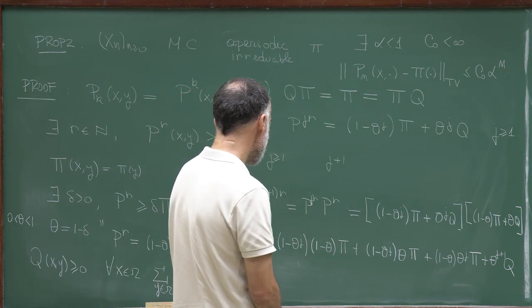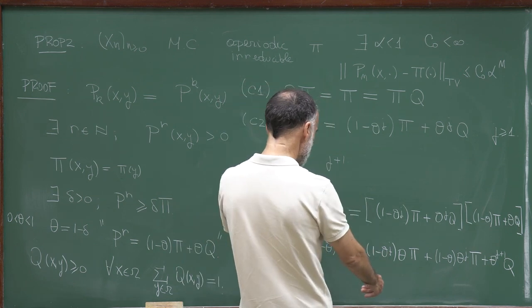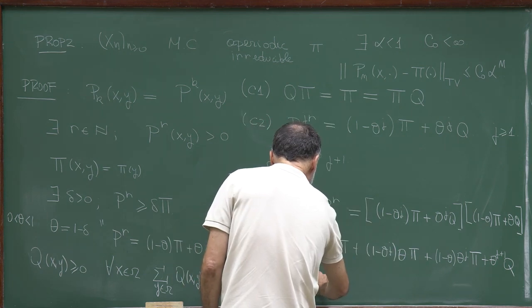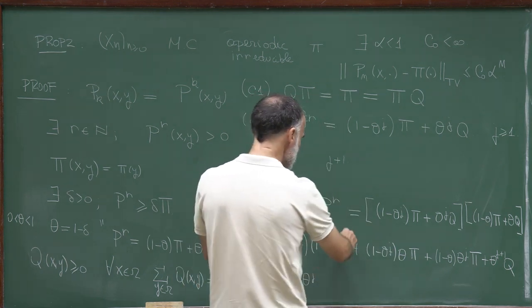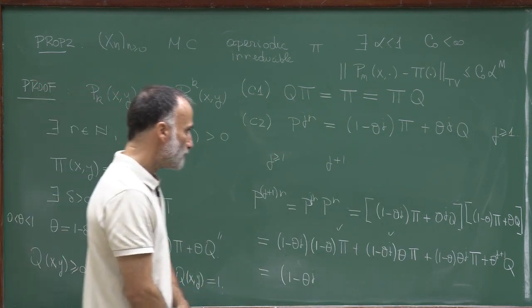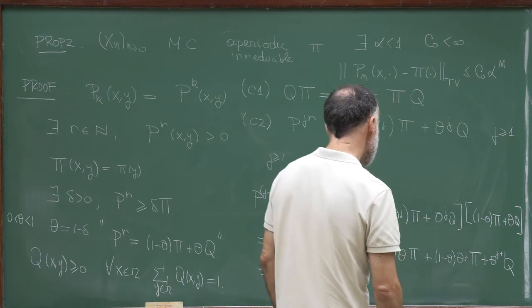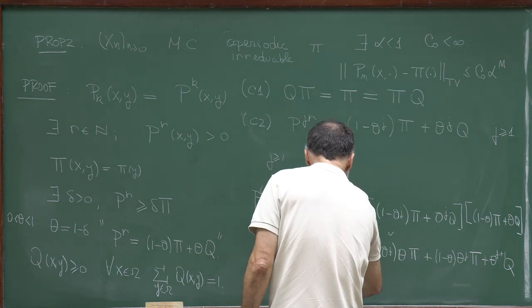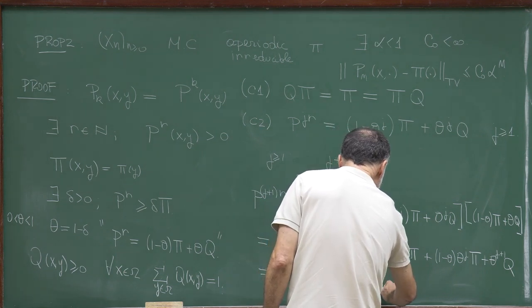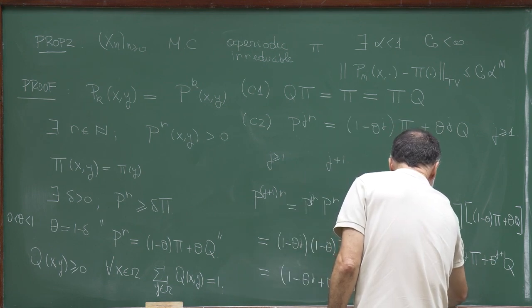So I have 1 minus theta^j multiplying 1 minus theta plus theta. So this is 1 minus theta to the power j. So this is the contribution of the first two terms. And then I have this last term, which is theta^j minus theta^(j+1), pi.